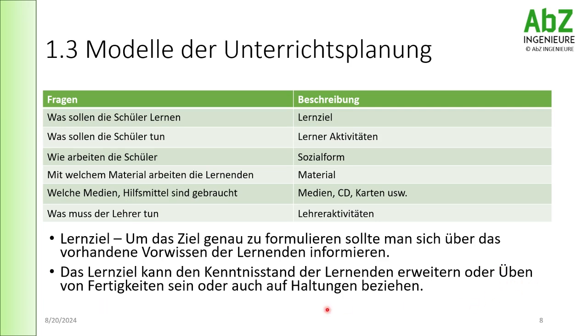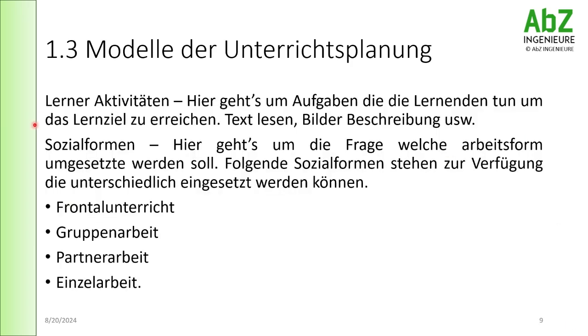You have to basically practice some Fertigkeit, etc., and that extension will become the Lernziel. When it comes to Lerneraktivitäten, it corresponds to the tasks which the students have to do to achieve the Lernziel. So it could be a writing task or a text lesen, build a description, anything.